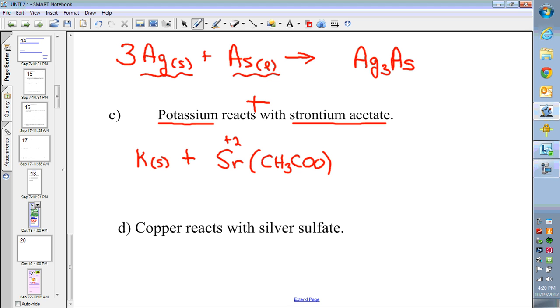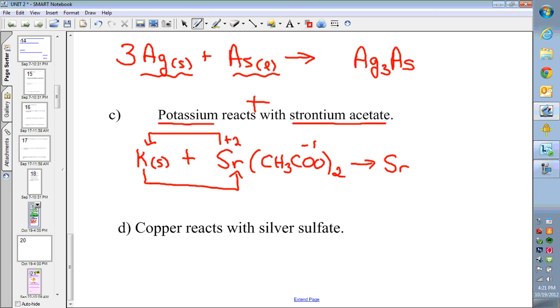Some of your textbooks call it C2H3O2. Acetate is a -1 ion, so strontium acetate, you'd need 2 of those to bond. What will you get produced? It doesn't tell me what to produce, but a single replacement reaction means that the metal here, K, potassium, will exchange spots with the strontium, and strontium will go by itself.